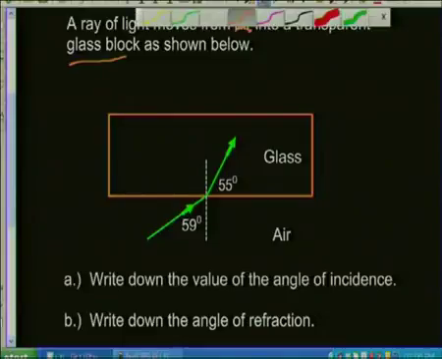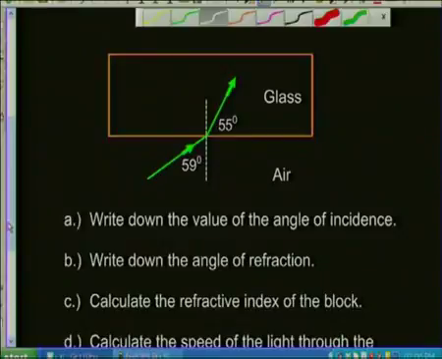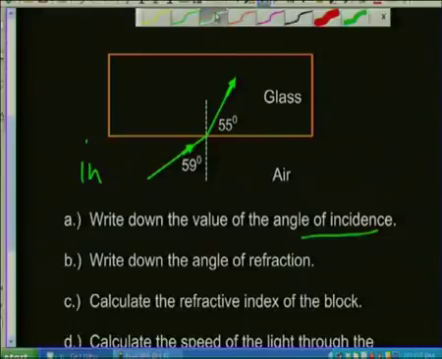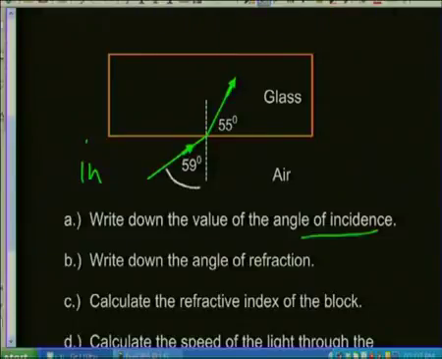Now, I want to highlight here, the first question says to us, what is the value of the angle of incidence? Incidence means coming in. So incidence is this one here where the light is striking the block on the outside, and we can simply write that down.